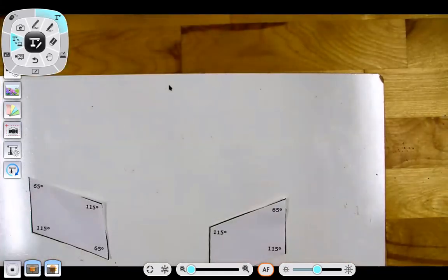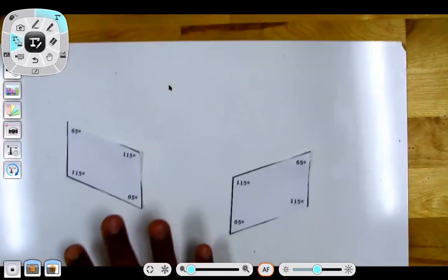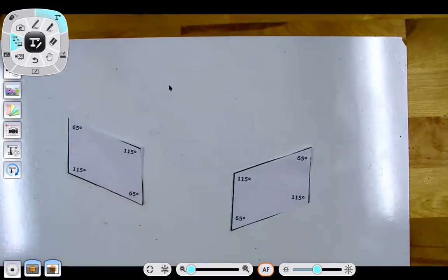I just have to prove that by moving this, they look exactly the same. The best way is to move one of those quadrilaterals and put it on top of the other. And if it fits on top of it exactly the same, then those are congruent.